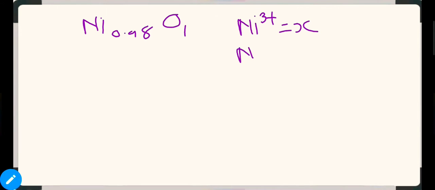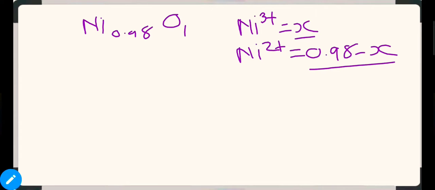Now the total quantity of nickel is 0.98 as per our formula. So if we consider Ni3+ is equal to X, then Ni2+ will be 0.98 minus X. So this will be the quantity of Ni3+, and this will be for Ni2+.